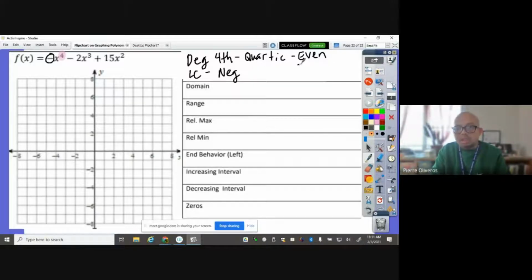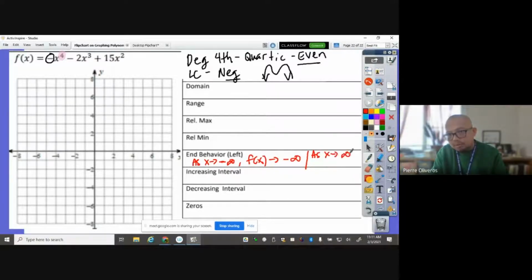Since it's even and negative, we expect both ends to point downwards. As x approaches negative infinity on the left side, f of x goes down, approaching negative infinity. On the right side, as x approaches positive infinity, f of x also approaches negative infinity because they're both pointing down.